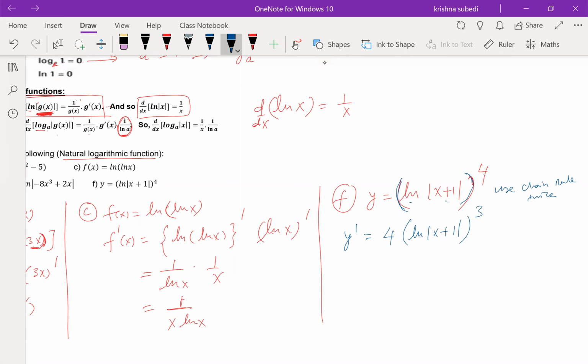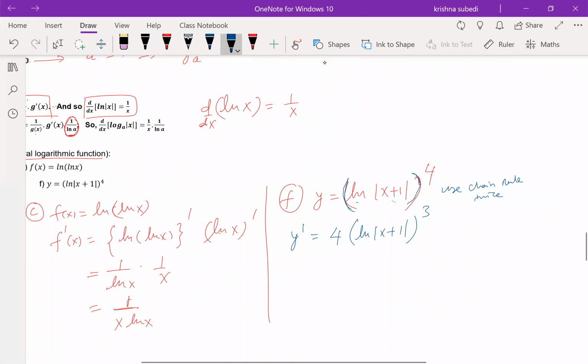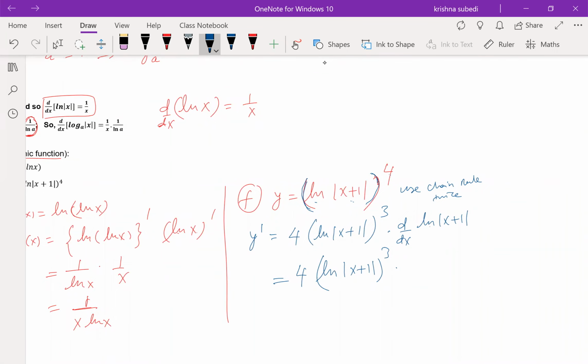So we are done with the grandmother function, and then we leave the mother inside. Now you need to find the derivative of the guy inside, which is ln of x plus 1. So this is going to be 4 ln of x plus 1 to the power 3, and now the derivative of this, using rule number 1, you will get 1 over x plus 1. And then we need to find the derivative of x plus 1.